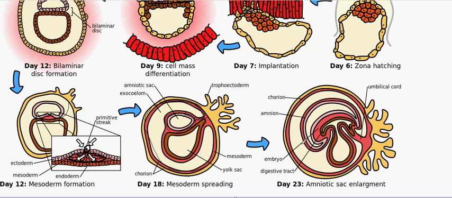Okay, and you can see last the amniotic sac enlargement. This amniotic sac is very small right over here, and it has enlarged a bit, and then it has thinned the contact between the yolk sac and the embryo, and over here the digestive tract will develop.